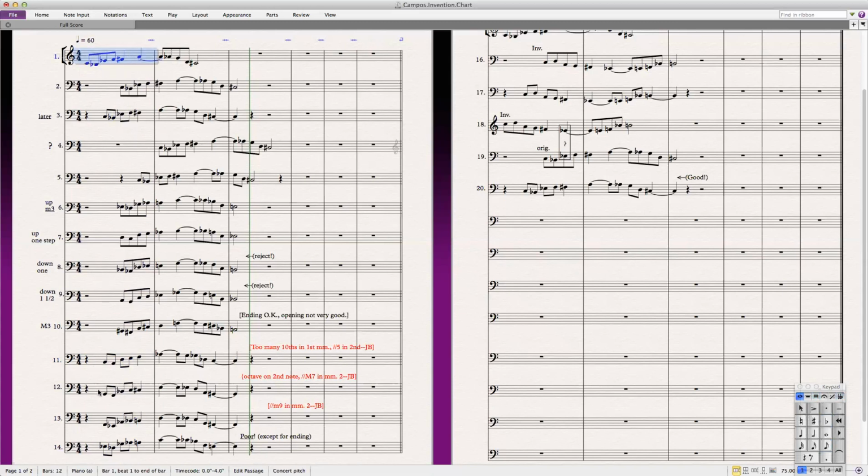Now we've got canon at the 1 beat and at the 11th. Problems again.